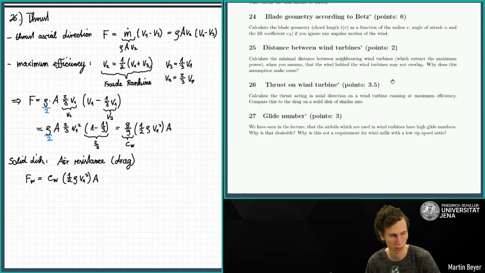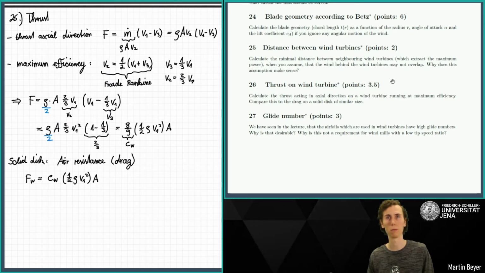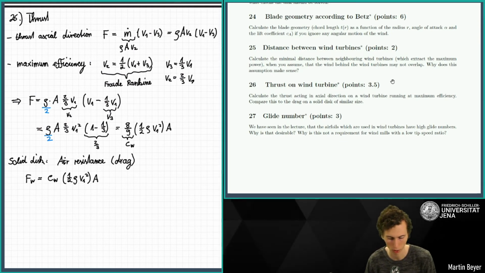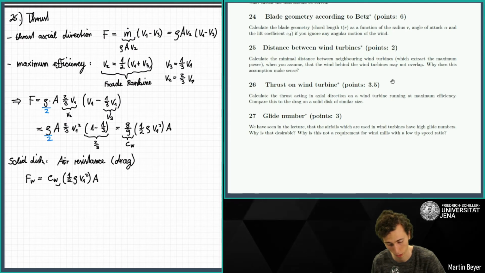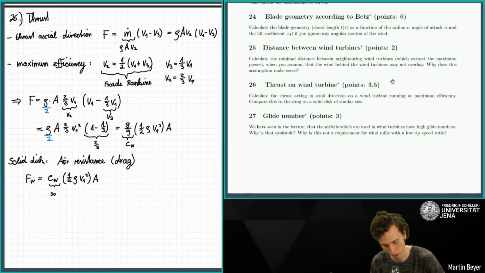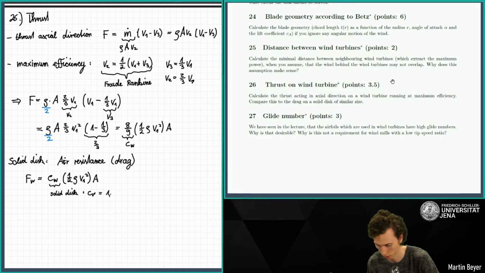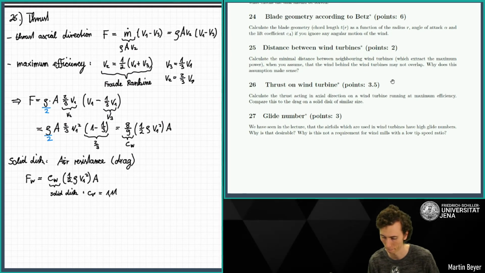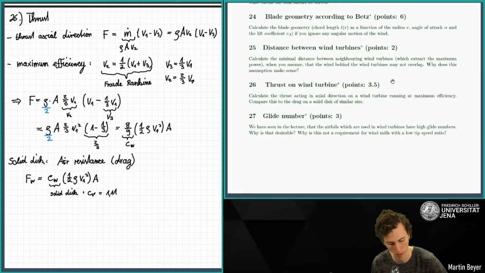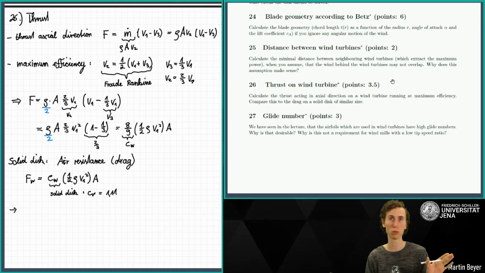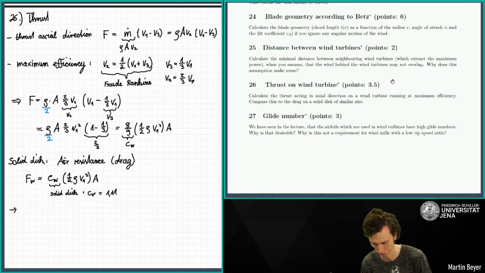And for a solid disk, we had in the lecture some values. For a solid disk, we have a CD value of about 1.1. So for a solid disk, we know that CD is about 1.11. Okay, so comparing this to our wind turbine, we see that those values are pretty similar.